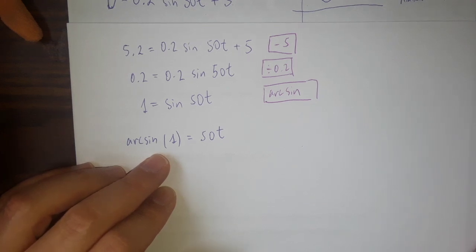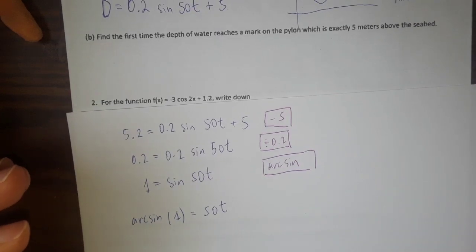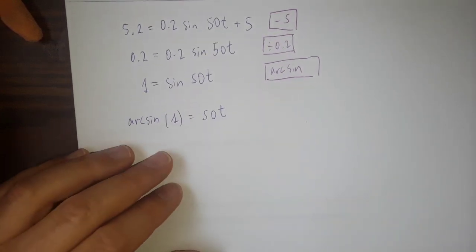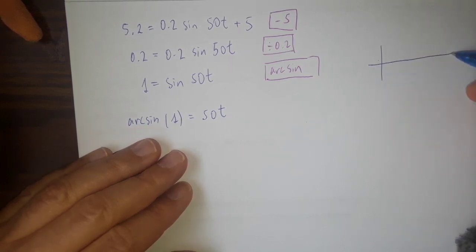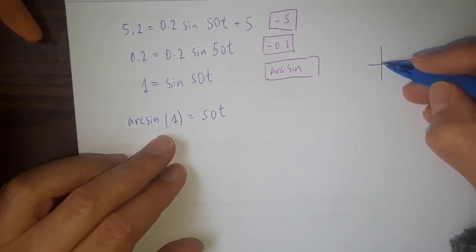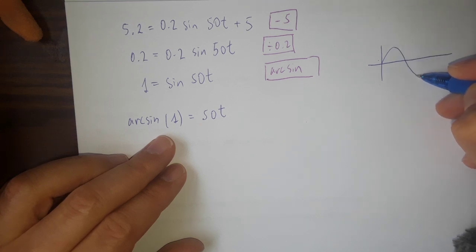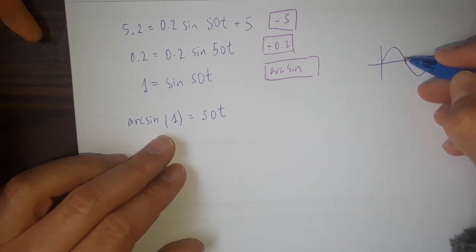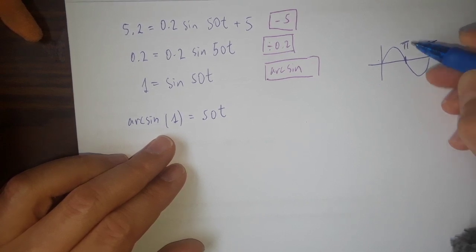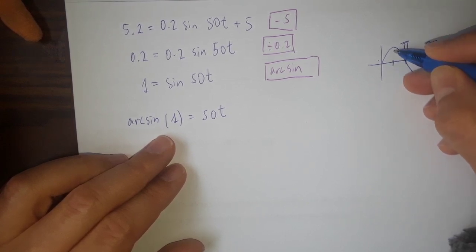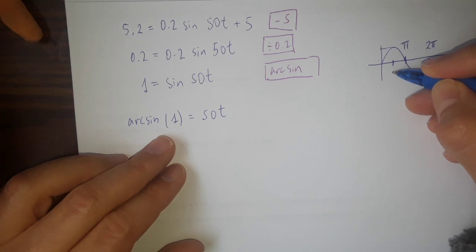We must think that this is in radians. If nothing is set, it's always radians. We don't even have to use the calculator. Let's think: the sine is 1 at pi over 2. This is pi, this is 2 pi, so the sine is at its highest value at pi over 2.